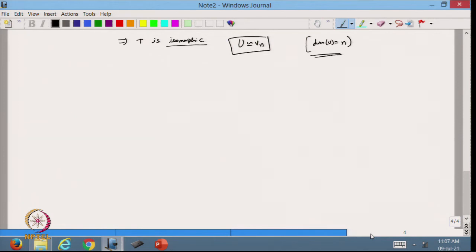Now, after doing this theorem, we want to discuss a very important topic: the matrix associated with a linear transformation.